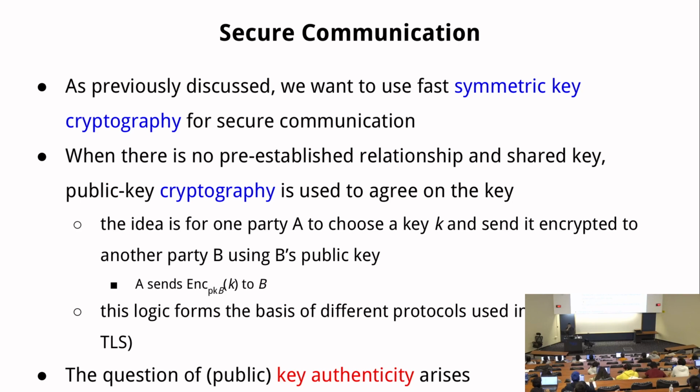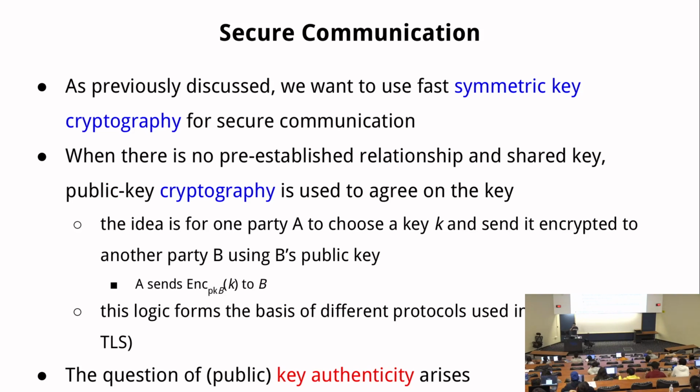So to do that, one party can generate a symmetric key and use another party's public key to encrypt that message and send it to that party. And that party will use its own private key to decrypt that message, which is the symmetric key for their future communication. So this is a standard approach for most of our protocols, because this is secure and fast.